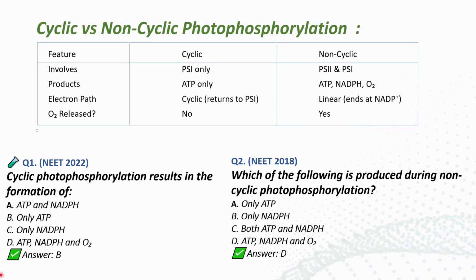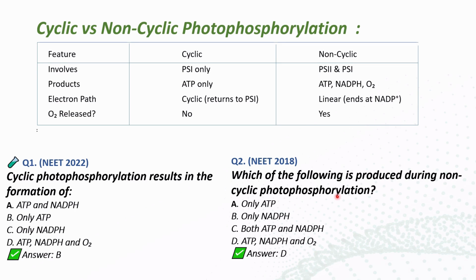ATP only, so that is the option you have to tick. And which of the following is produced during non-cyclic photophosphorylation? These two are common questions, but from the two topics. Non-cyclic means ATP, NADPH and O2. These are the previous year questions that came from cyclic and non-cyclic photophosphorylation.